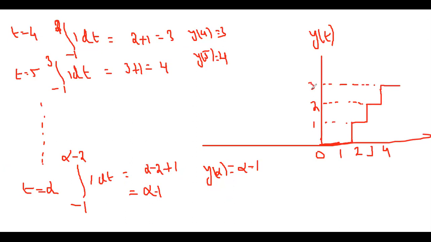You get the staircase, my dear students. And 5, 4, and so on like this. It's a continuous time function. The 5, 6 and so on. And the last value, the infinite value, is infinity minus 1. At 5 we'll get 4. At 6 we'll get 5. And the infinite value is infinity minus 1. Got it, my dear students?